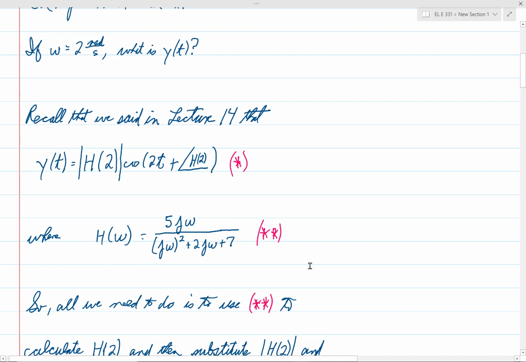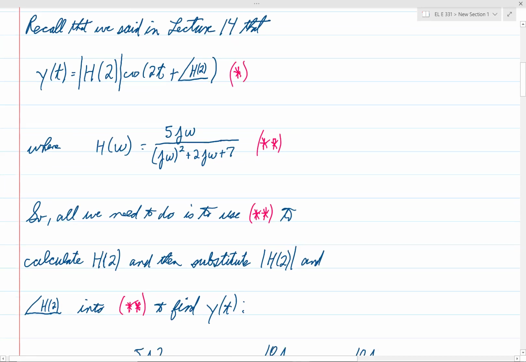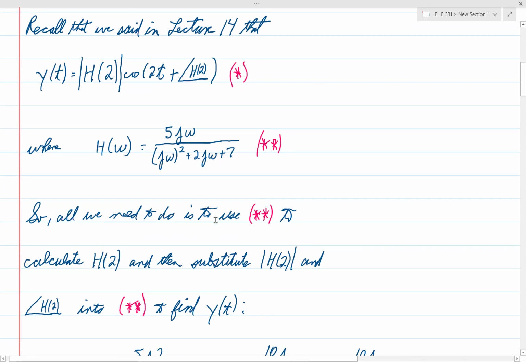So in particular, we can find h at 2, which is what we need in order to finish this problem. All we need to do is use this equation for h of omega to calculate h of 2, which by the way will be a complex number. Then we substitute the magnitude of h of 2 and the phase of h of 2 into this equation to find our desired y of t.